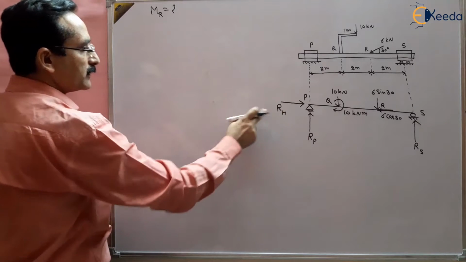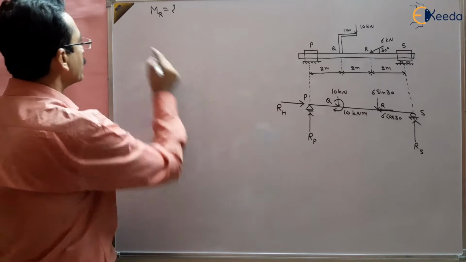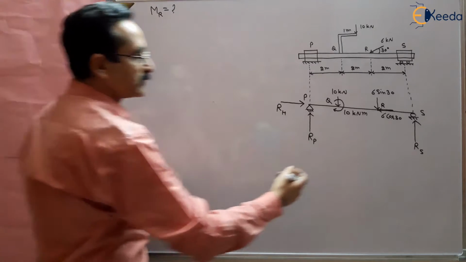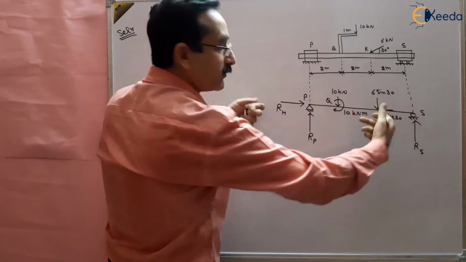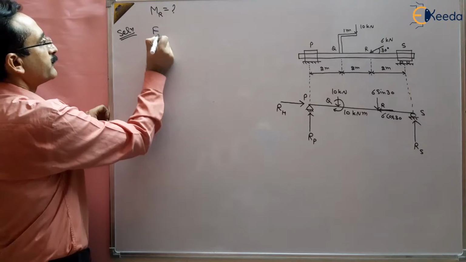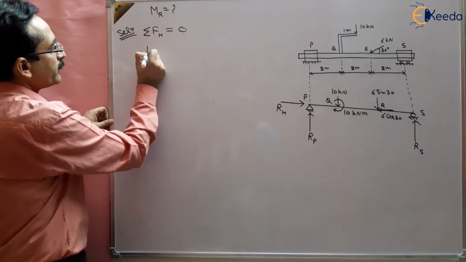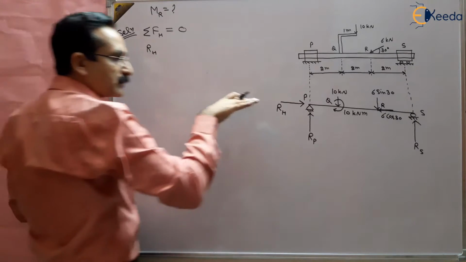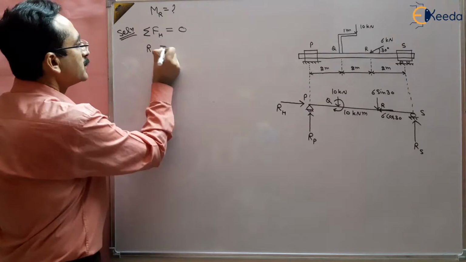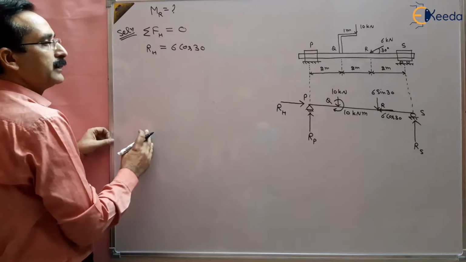The horizontal reaction RH will be equal to 6 cos 30, because the body is in static equilibrium, so the sum of all horizontal forces should be equal to 0. So RH in the rightward direction should equal 6 cos 30 in the leftward direction.